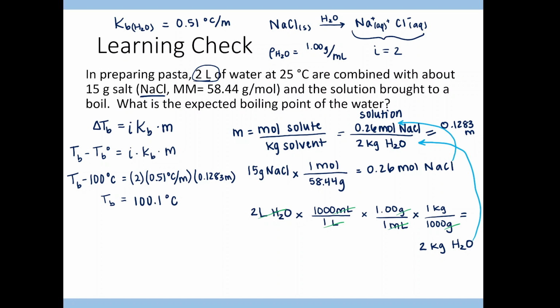Now, this was an example with an ionic compound, with an electrolyte. The process would be the same if this was a non-electrolyte, except for the inclusion of that Van't Hoff factor. So it's the only thing that is different for this process when we have an electrolyte or an ionic compound versus a non-electrolyte or molecular compound.